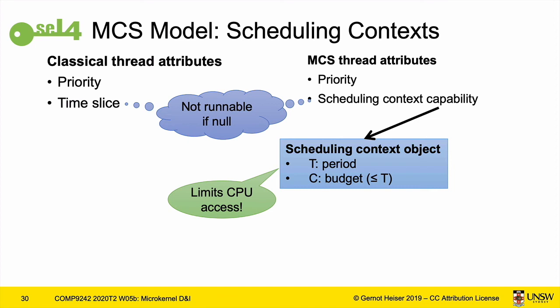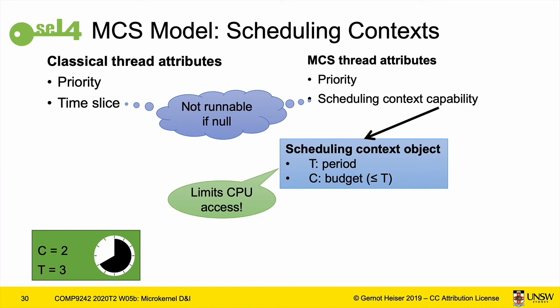It contains a number of metadata, but the most important ones are a period and a budget. What this scheduling context says is, if a thread is drawing its right to use the CPU from the scheduling context, then in every t amount of time, it's allowed to use up to c of CPU time, where c is less than or equal to t.